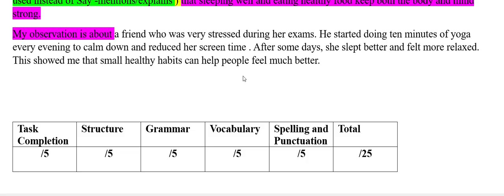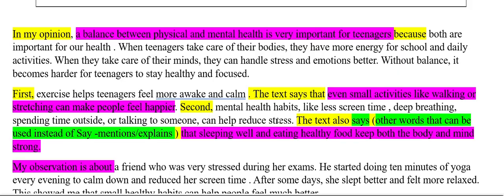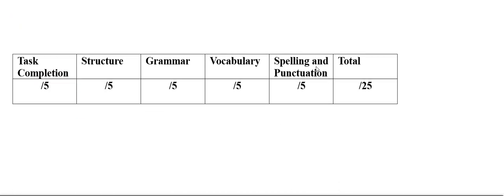So you should try to go through and learn a few vocabulary words which you can use in your answers in writing examination. Then the last one is spelling and punctuation. Punctuation, where you have to use a full stop, where you have to use a comma. Over here, you can see that a comma has been used. Over here, also, after 'in my opinion', a comma has been used. Okay, so, proper spellings and punctuation. So, the total comes out to be 25.